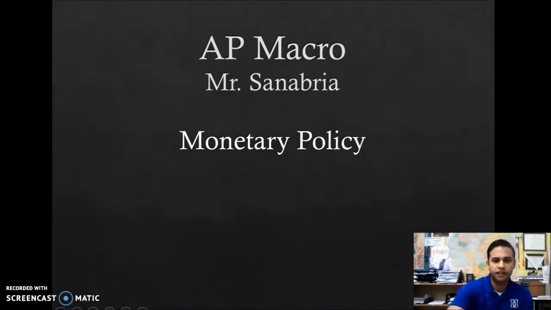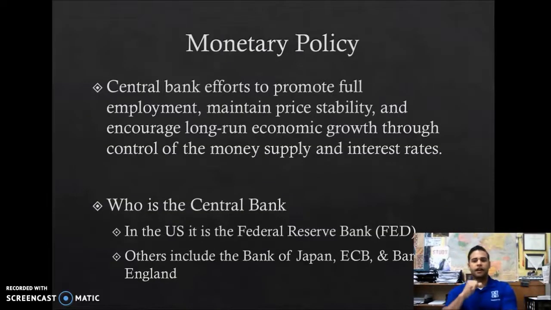So let's dive right into this by first defining monetary policy. Monetary policy, as you can see here, is central bank efforts to promote full employment, maintain price stability, and encourage long-run economic growth. Those are our three measures of the economy, and that's how we want to see them, through control of the money supply. And I say and interest rates, however, what we'll find to be true is that the way they control the money supply is through manipulating interest rates.